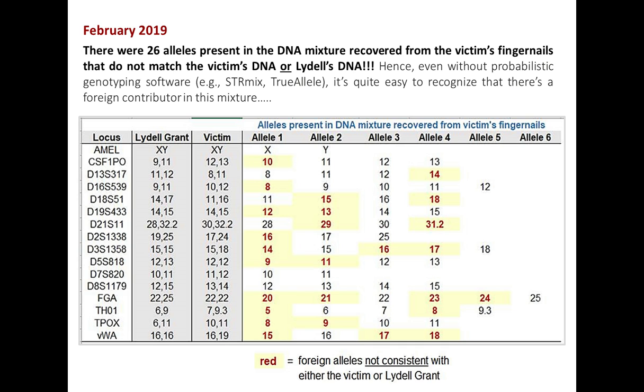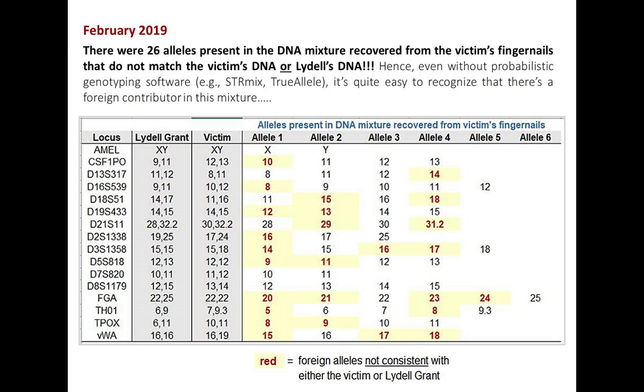I think even in 2011, before we were using these computer software programs to analyze DNA mixtures, had Mr. Grant's attorney hired a DNA expert and posted this up on the screen so the jury could see it, this might have planted that reasonable doubt in the minds of the jury about whether they had the correct person.